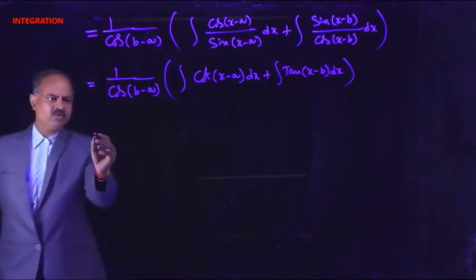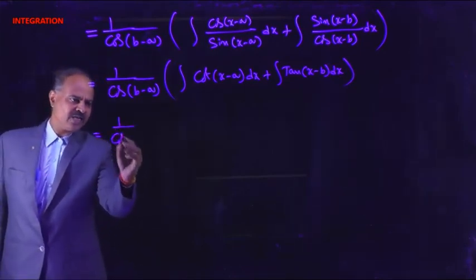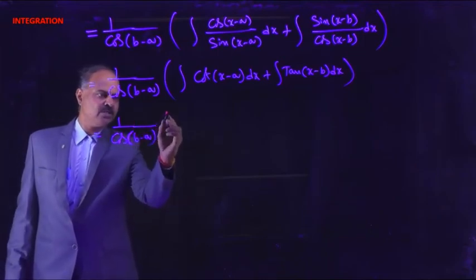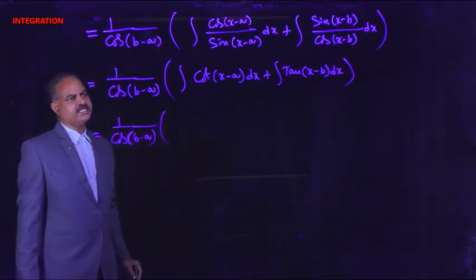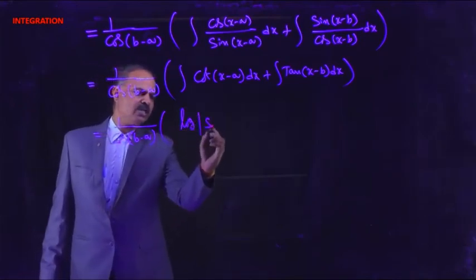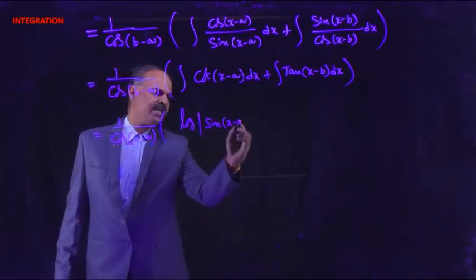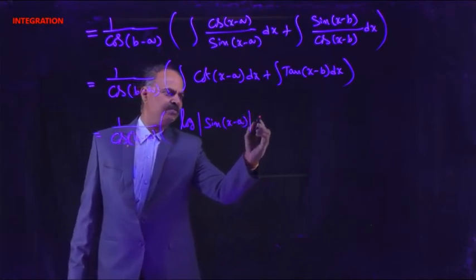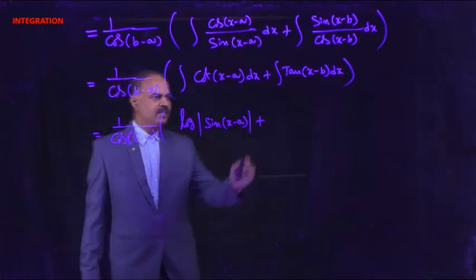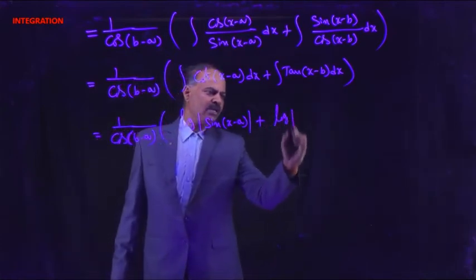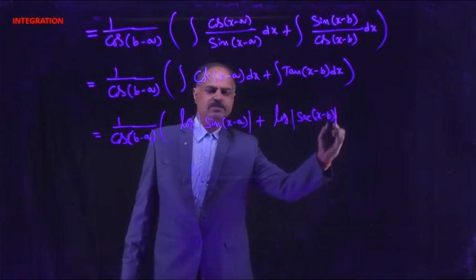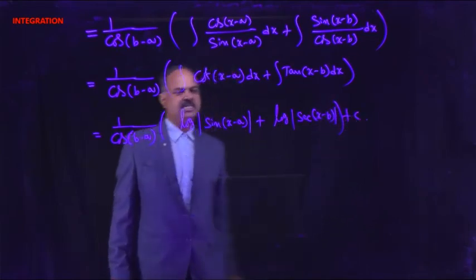Now this equals 1 by cos of (b minus a) into, integral cot x equals log modulus of sin x, so here log modulus of sin (x minus a), plus integral tan x equals log modulus of secant x, so log modulus of secant (x minus b), plus integration constant c.